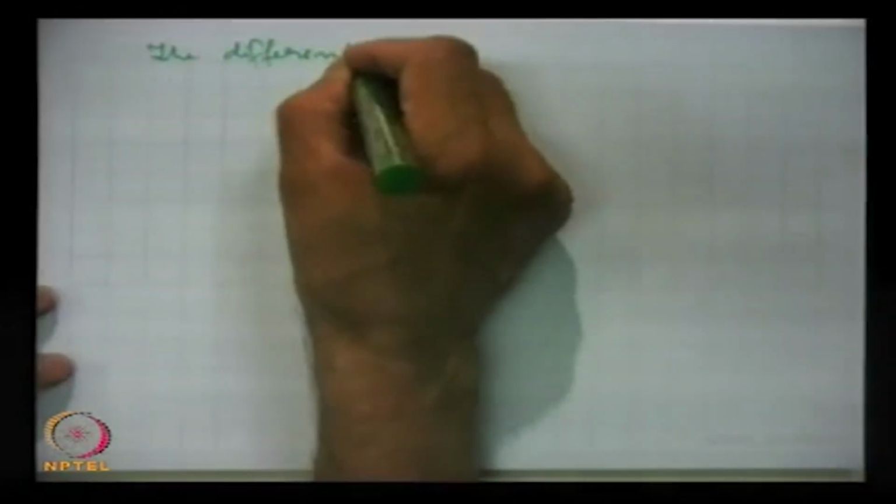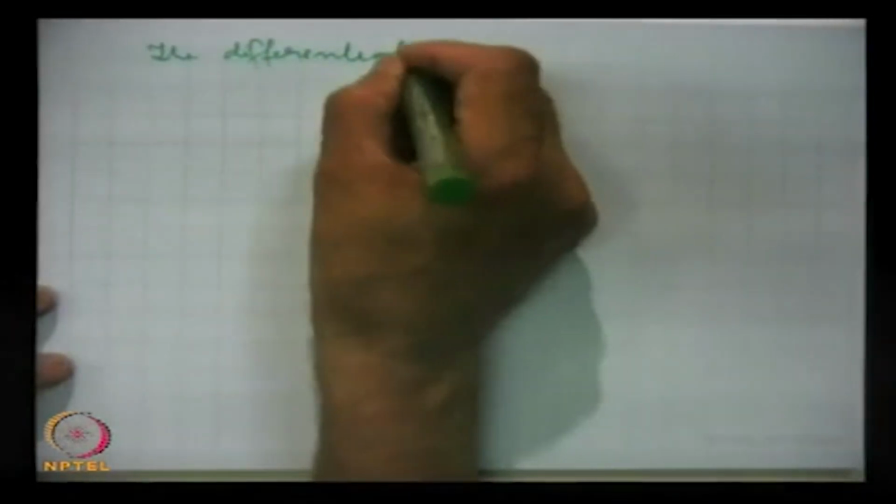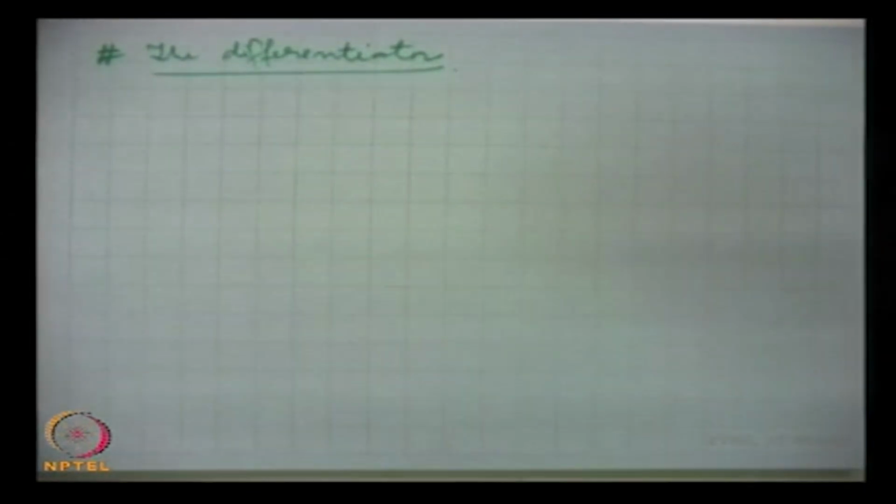Next, we take a differentiator. That is the next thing which we are considering. In a differentiator circuit, the output is proportional to the rate of change of the input at that instant.